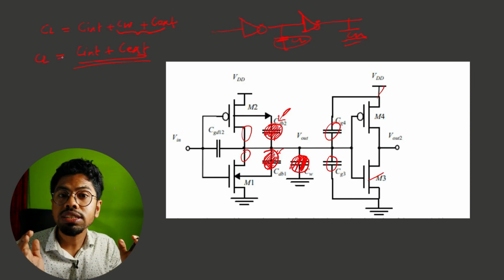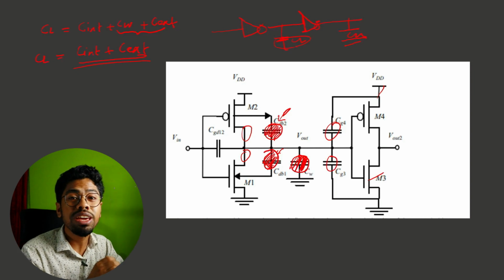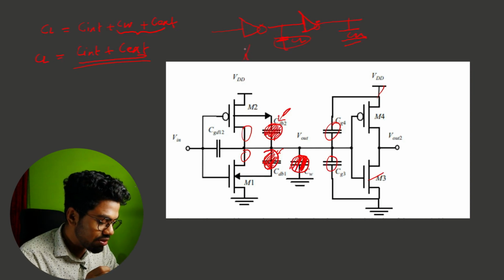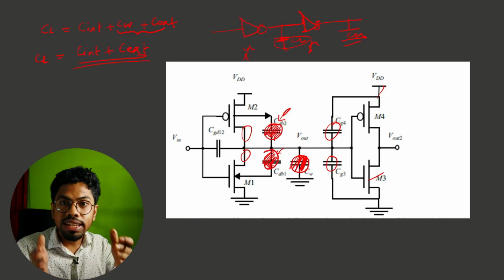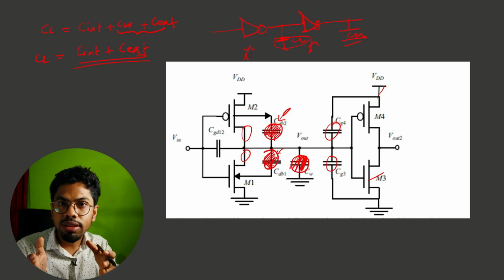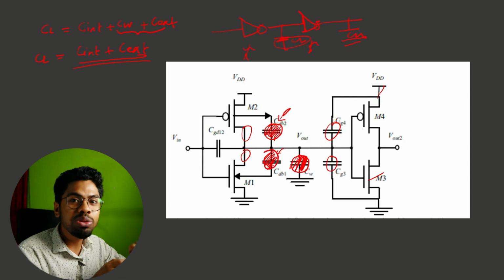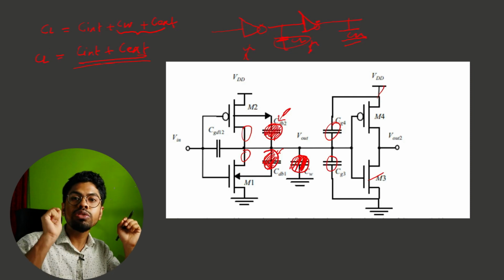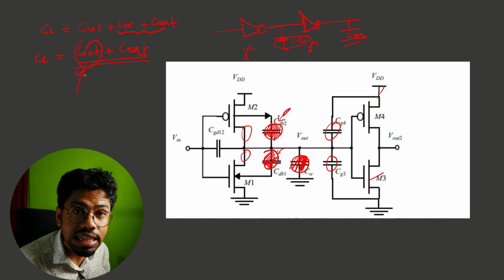To reduce our CL, we have no control over C external. Somebody will say, no, we have control. Yes, if we are designing both of the circuits. But if we are responsible for one block and some other block is designed by another designer, then we don't have control, right? So to reduce our delay, we mainly concentrate on C internal.